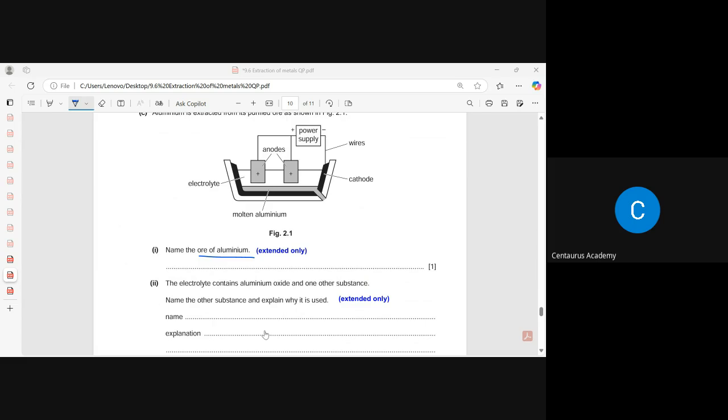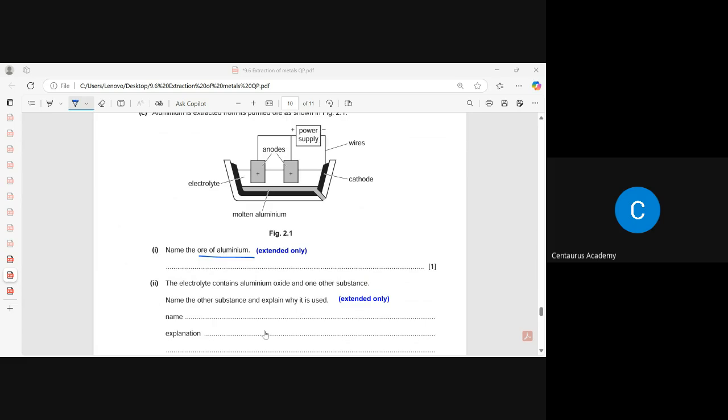It's going to become more and more expensive, which is why cryolite is added. For your understanding, I've told you that the melting point is decreased and everything else. But in this case, they have asked why it is used, so you have to mention that it is mainly to lower the operating temperature.